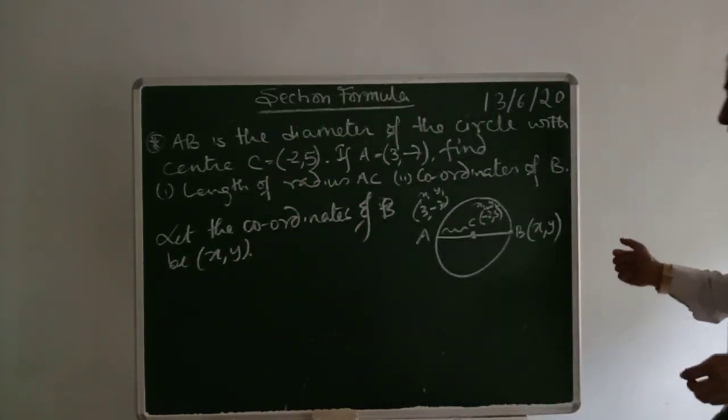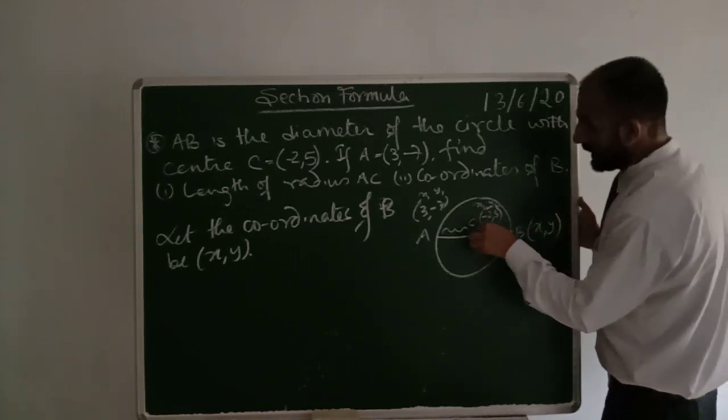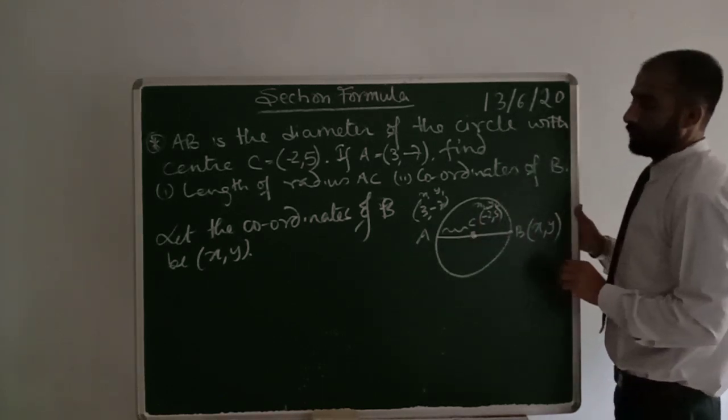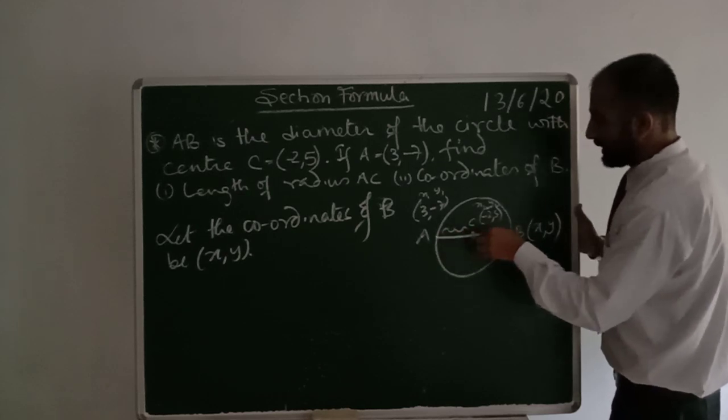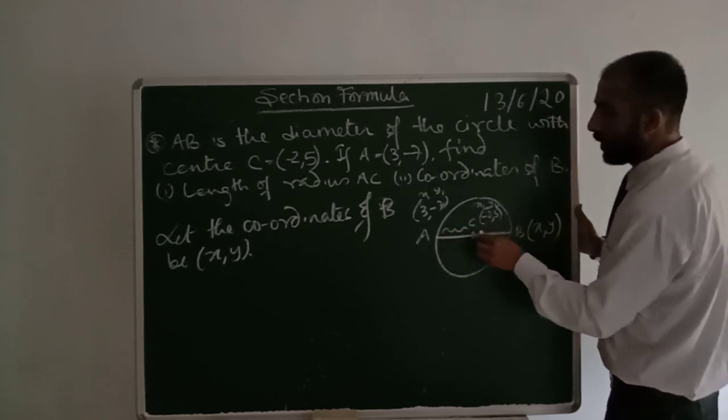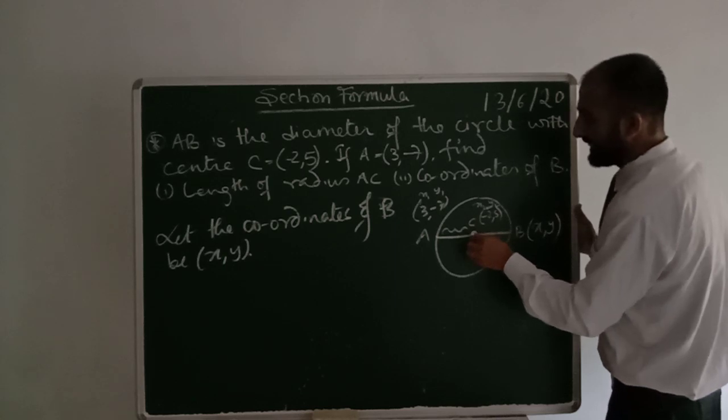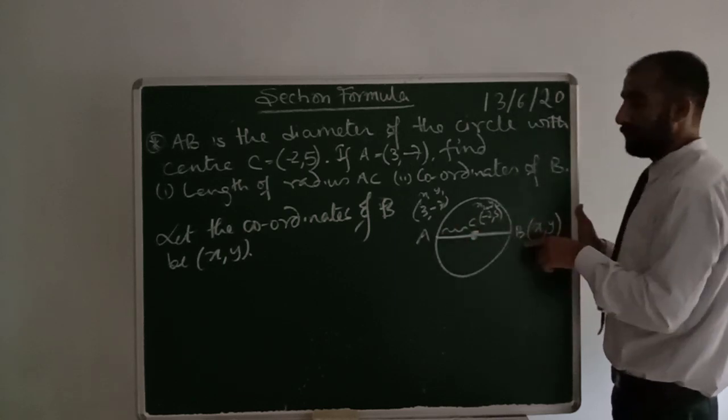As you can see, C is the center of the circle. That means this C divides this diameter into two equal parts, which means C is the midpoint of AB.